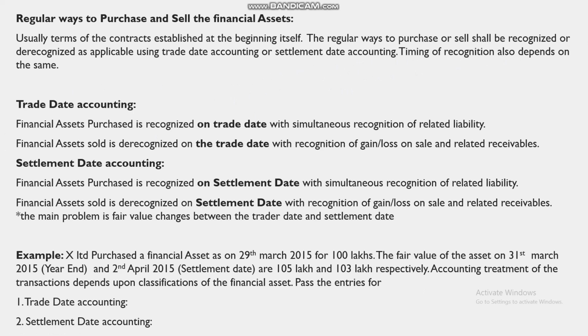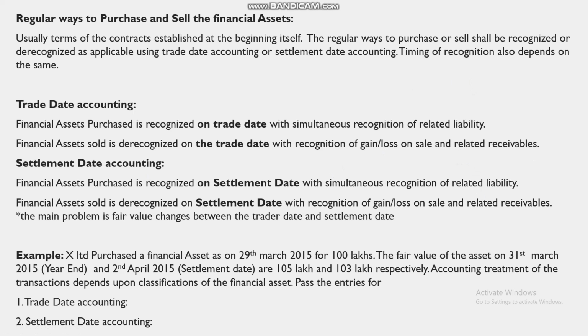Trade date accounting. A financial asset purchased is recognized on the trade date with the simultaneous recognition of the related liability. The financial asset purchased and the simultaneous liability, that is nothing but the payable, is recognized on the trade date. A financial asset sold is de-recognized on the trade date with the recognition of gain or loss.